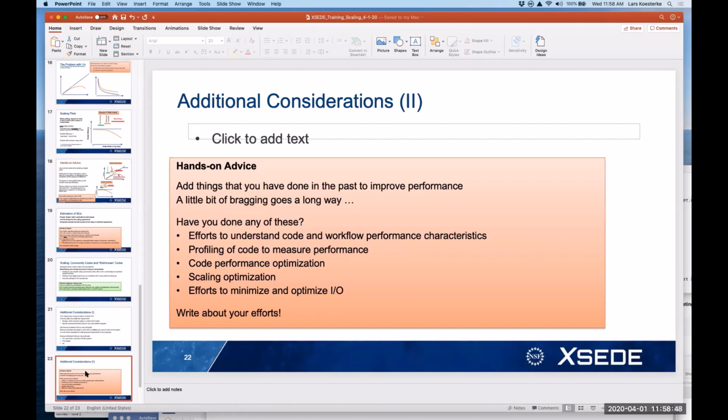Oh yeah, there's a comment from Bob. Yes, Science Gateway proposals are handled differently and often exempt from allocation cuts.